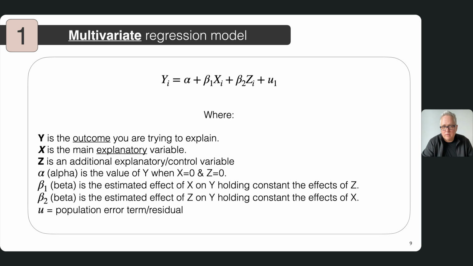And the U, again, is the population error term or residual. And so the important thing to note here is that each of those betas is the independent effect of that variable holding constant the effect of the other variable, in this case, z.